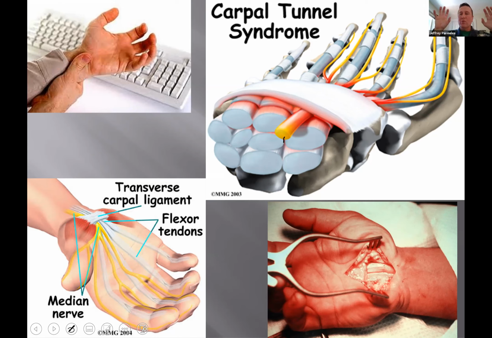If you overuse, you're typing all day in the wrong position, you're a meat cutter, repetitive hand motions will cause these tendons to be inflamed, and it presses on that nerve and causes tremendous pain. So carpal tunnel, especially in meat cutters or office workers that are always using their fingers, they'll have to do carpal tunnel surgery. My stepbrother had that. Open it up like that.